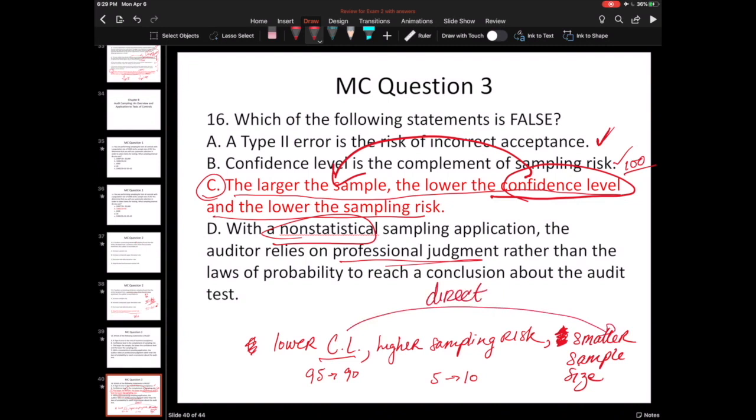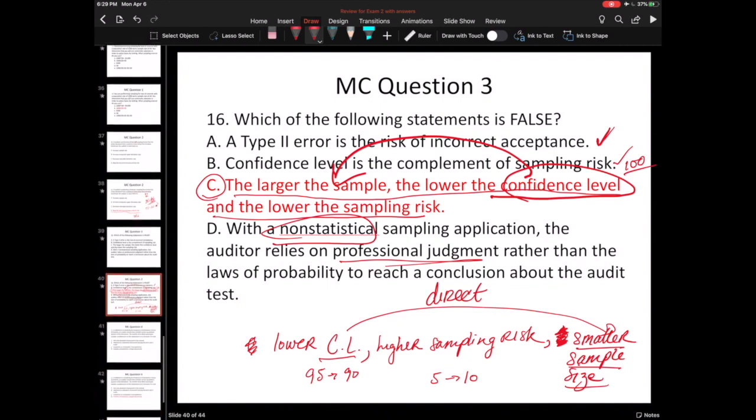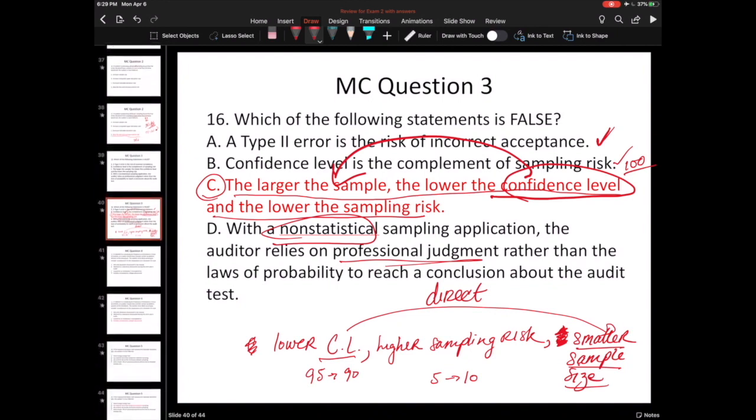The less confident you're willing to be that your sample is representative, the smaller your sample can be. The more confident I want to be, the larger my sample needs to be. And if I want to be 100% confident, then I need to test 100% of the population, and then I'm going to have the biggest sample of all.